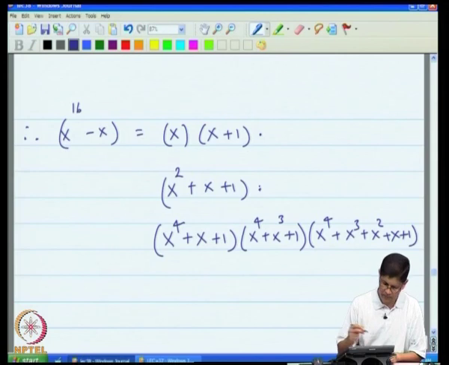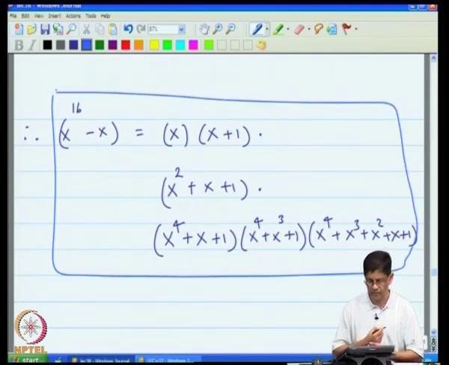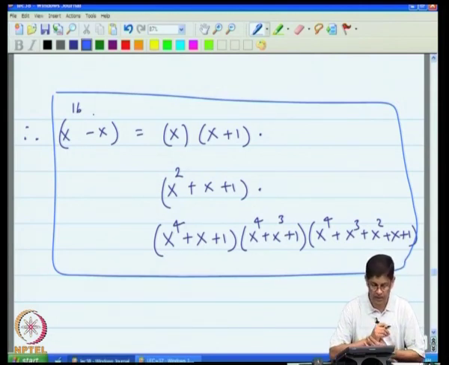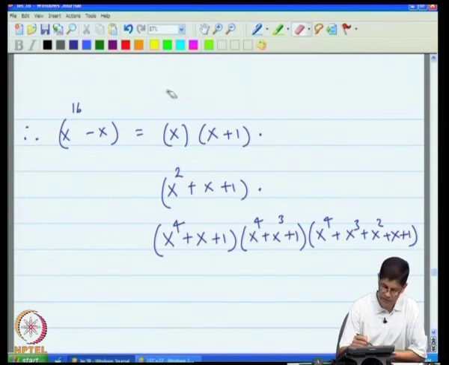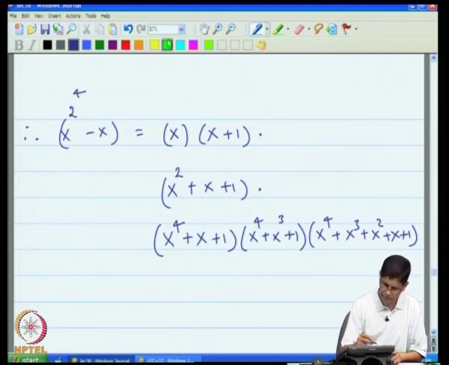So, that means that you can factor x^16 minus x into the product of irreducible polynomials. These irreducible polynomials have the property that their degrees divide 2^4, and the 4 comes because 16 can be expressed as 2^4. So, in fact, it may be better for us to write this 16 over here as 2 to the 4, just to emphasize that fact. Okay.